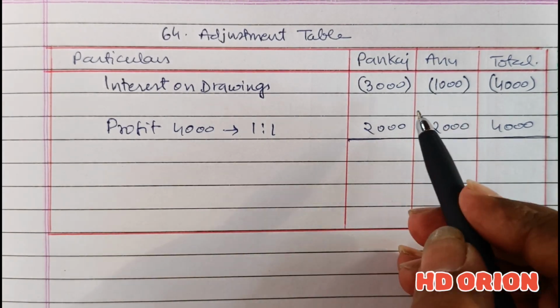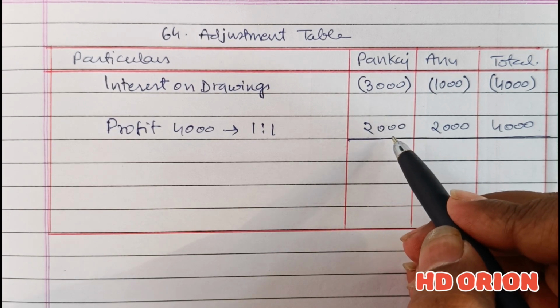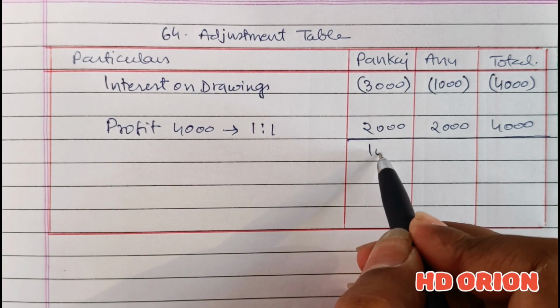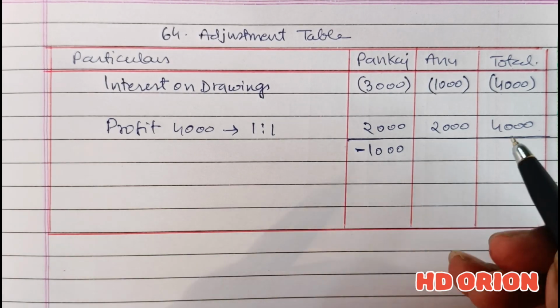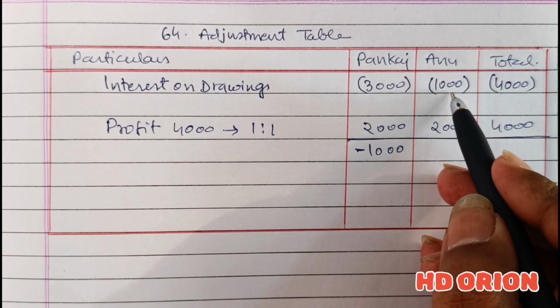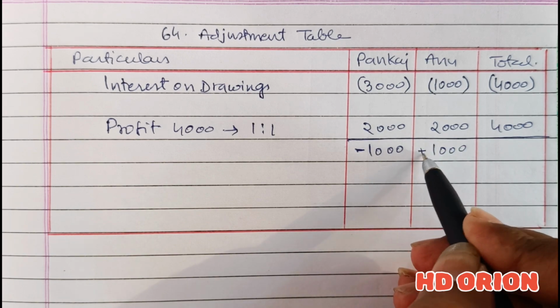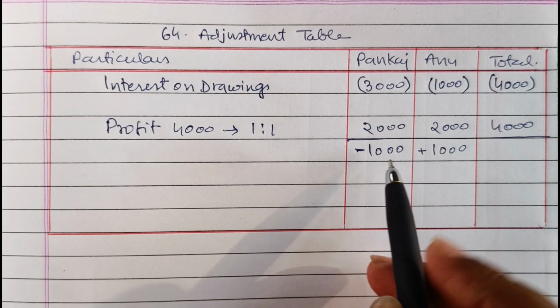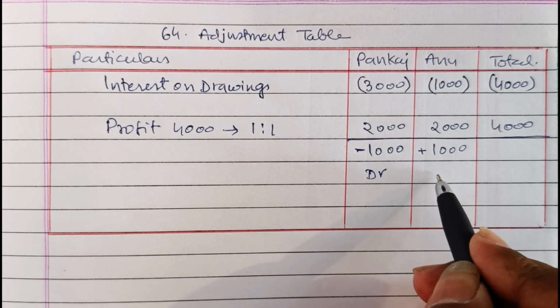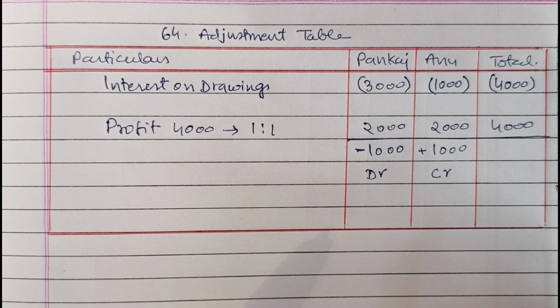Now Pankaj has to pay to the firm 3000 and he has to receive rupees 2000. So 1000 rupees Pankaj will have to pay, means it is a minus figure. And Anu has to pay 1000 and has to receive 2000. So here Anu will receive, that means it is a plus figure. Right? So whatever is the minus amount, we have to debit it, and whatever is the positive amount, we have to credit it. Fine.